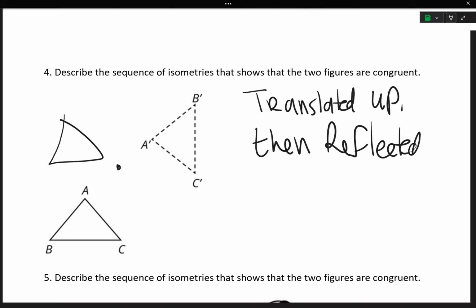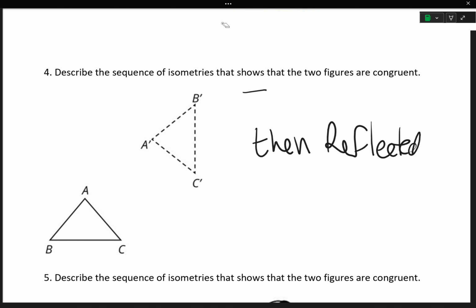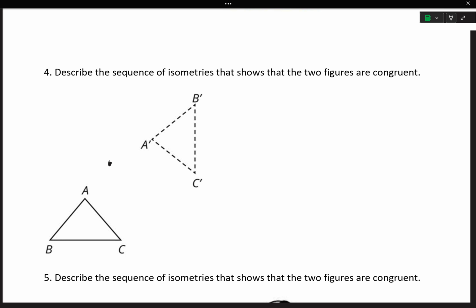I don't like that either. I don't like that either. I don't remember what my original thought was here. All I see is a reflection because it's not a rotation. Yeah, I'm gonna take this back. I think it's just a reflection across a point.